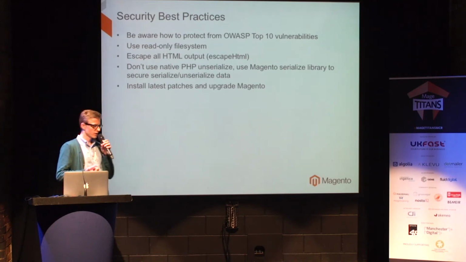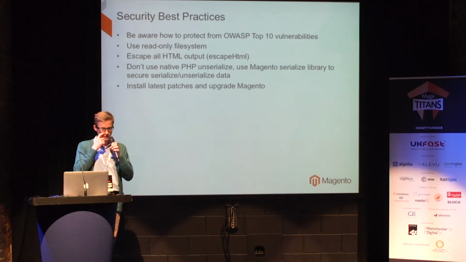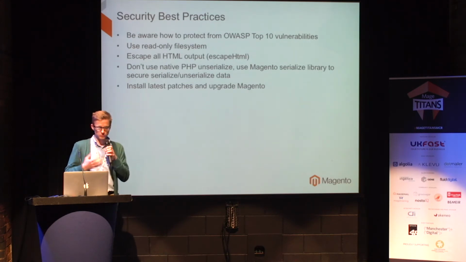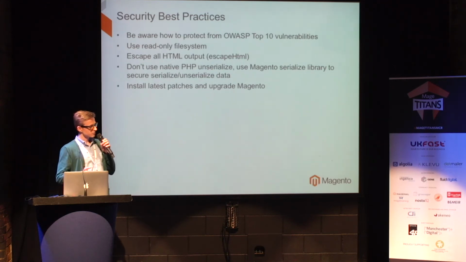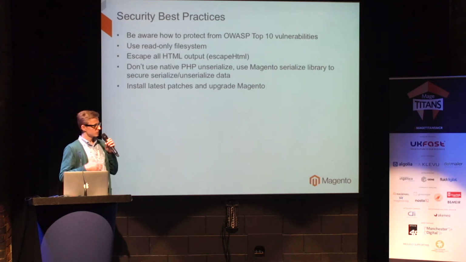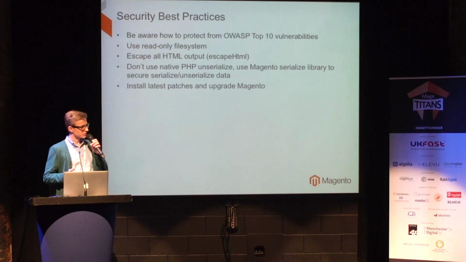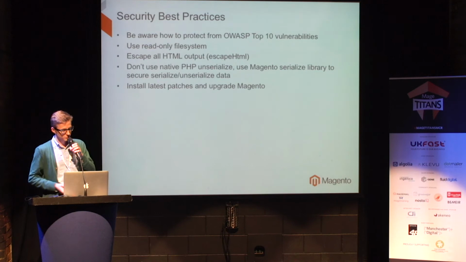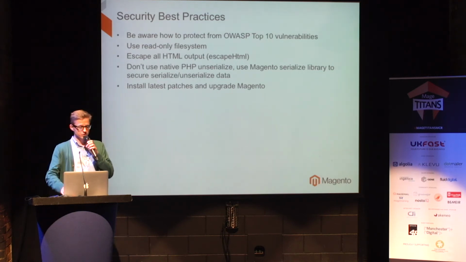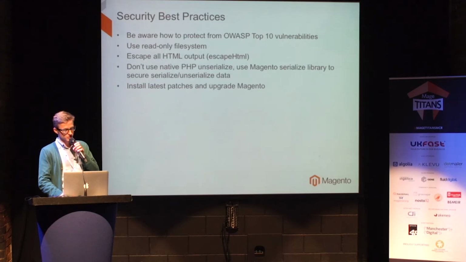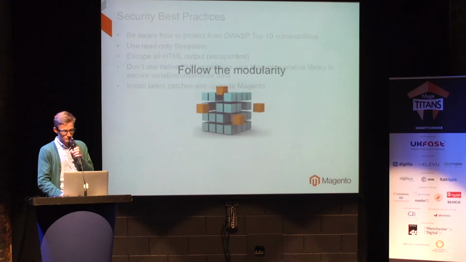In 2.2 we have a serialization library that contains a JSON implementation, which we recommend to use. If you serialize big chunks of data, we also provide a serializer implementation that does not unserialize objects. It works only with arrays. It's a little bit safer, and if you need higher performance, you can use that. And of course, install the latest patches and upgrade Magento.